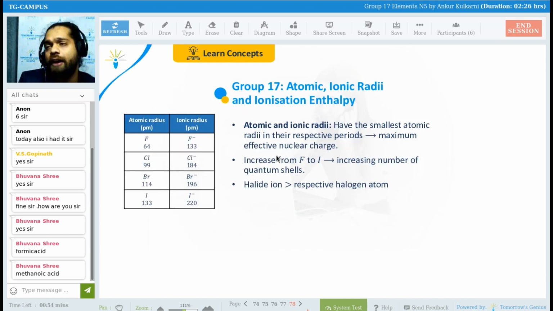Then atomic radii. What is the difference between atomic and ionic radii, everyone?